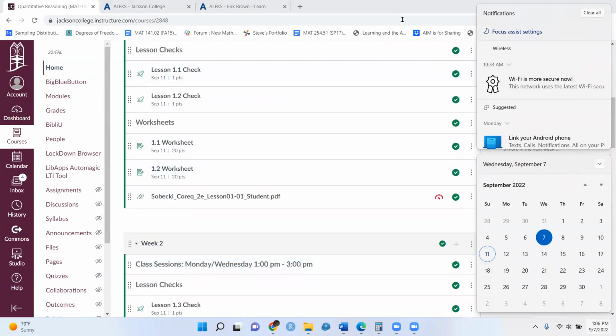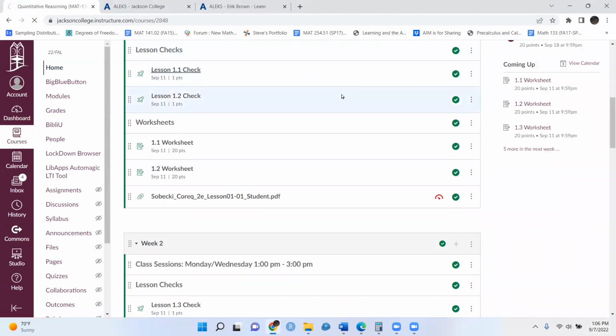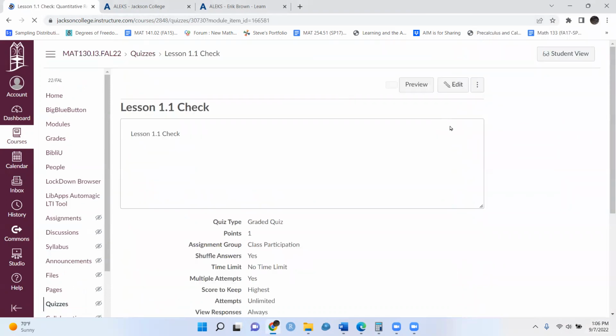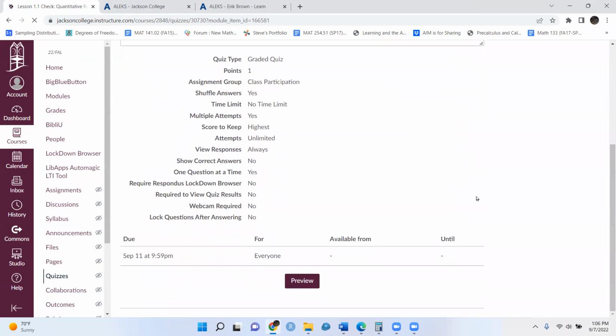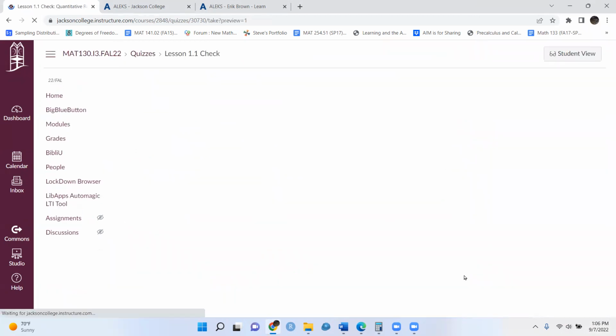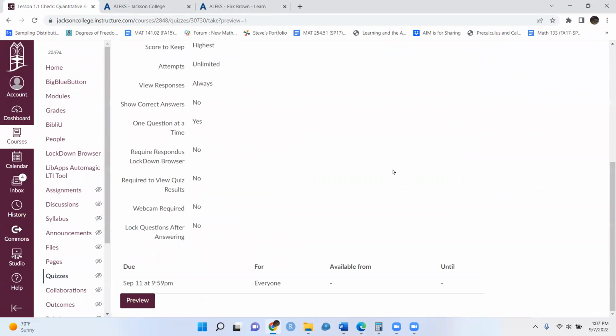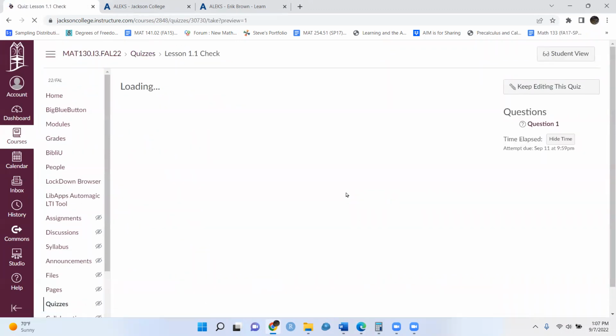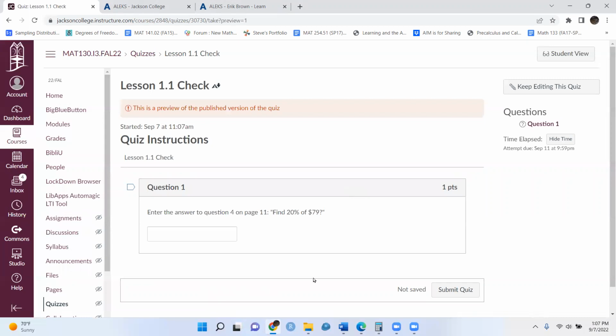I just want to make sure everyone's clear on the lesson checks because I've had a few questions on it. These lesson checks are questions directly from the textbook. So for example, this first question said, enter the answer to question 4 on page 11. Now, I have been back and forth with the Biblio people, and apparently they don't do a textbook anymore.